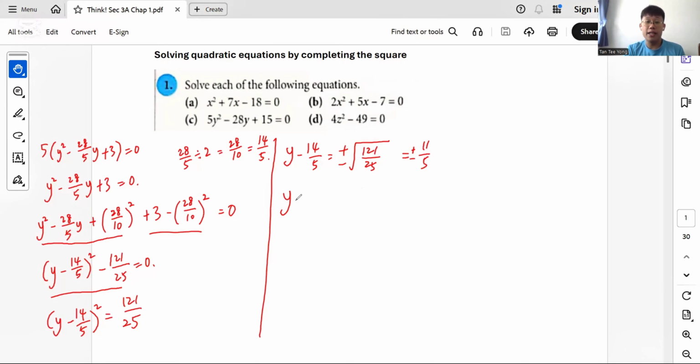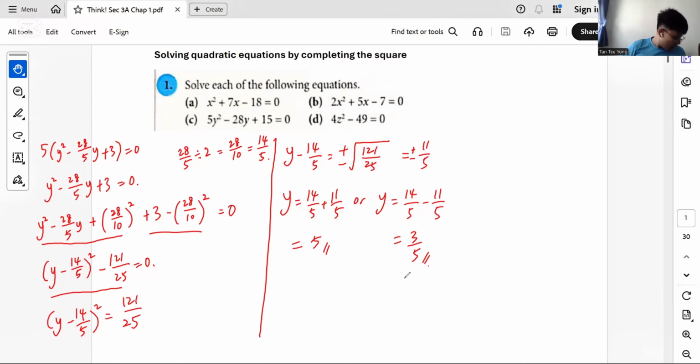So y equals to 14 over 5 plus 11 over 5, or y equals to 14 over 5 minus 11 over 5. Then just simplify it. So this is 5, and this is equals to 3 over 5. So I have two sets of answers. My first answer is y equals to 5 and y equals to 3 over 5. So that's for part C.